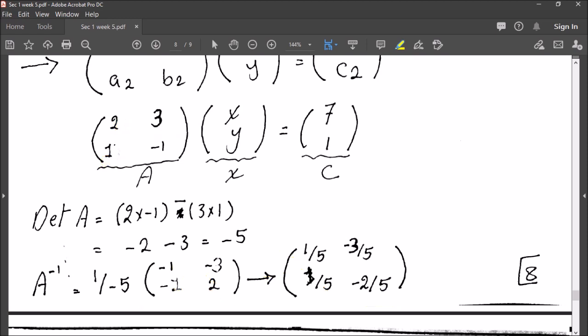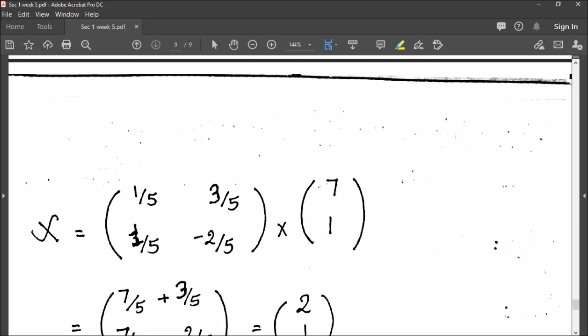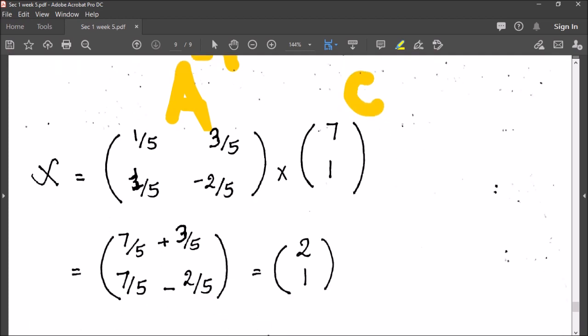So we need to multiply this inverse matrix by C. So our X equals our inverse matrix times our C matrix. Correct? So row times column, row times column.